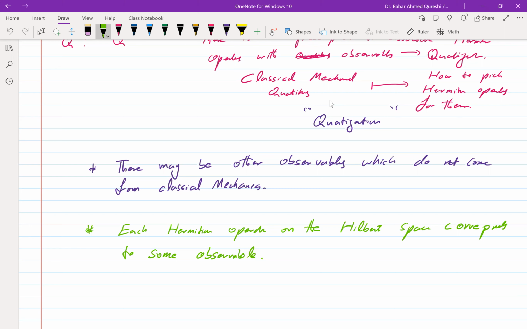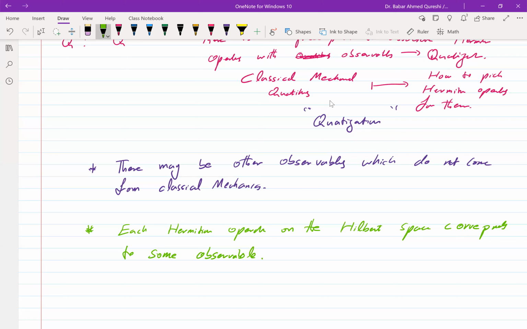Usually this is a mix of two. It's a two-way process: you develop theory and at the same time look at experiments to see what kind of things you are trying to observe. But the theory also tells you what kind of things may be there to observe.